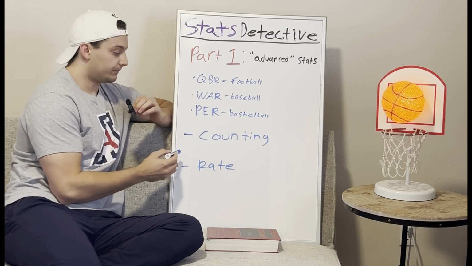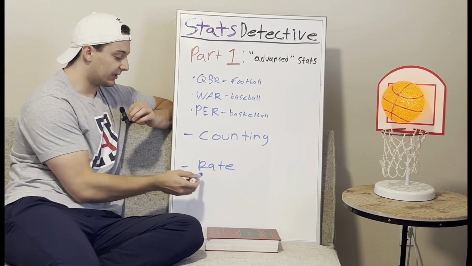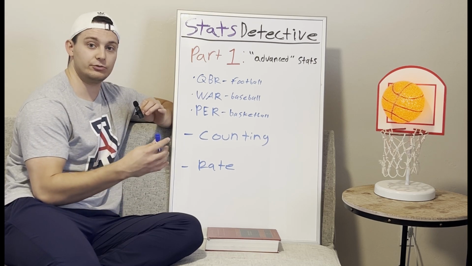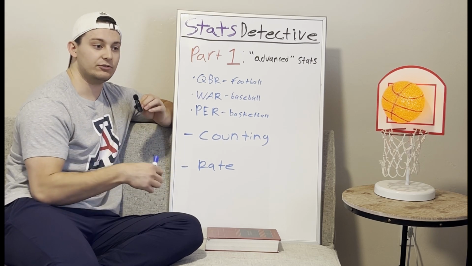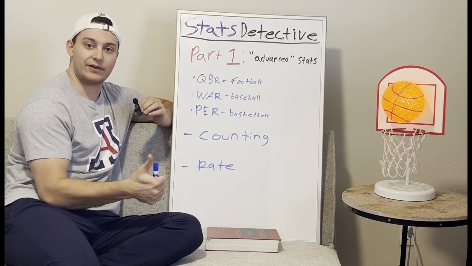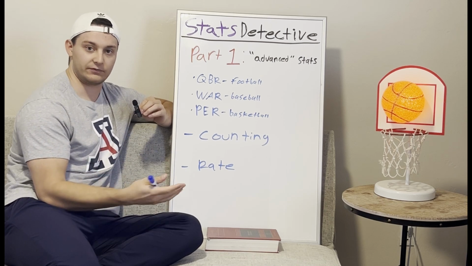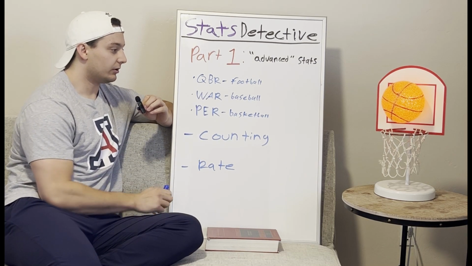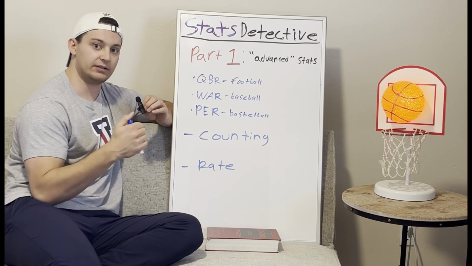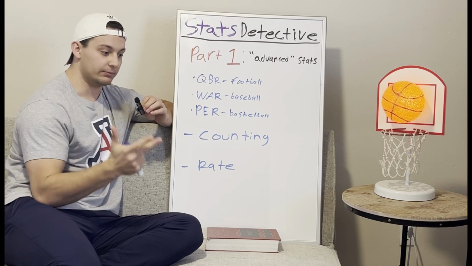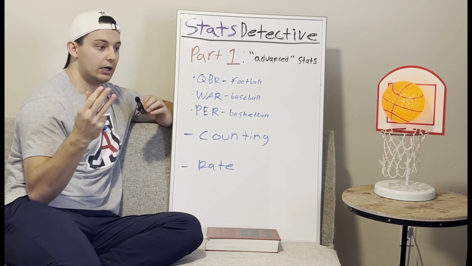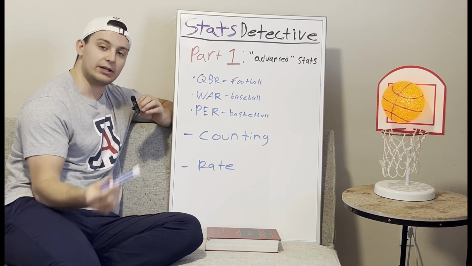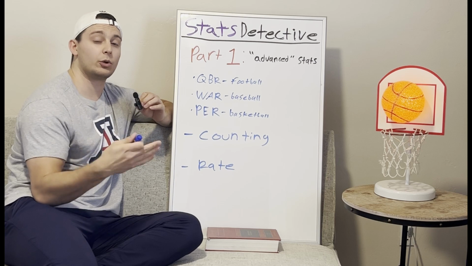These types of stats take your simple counting stats or your rate stats, and they try to combine a bunch of them to give you some number that gives you a better indication of player value, player performance, that sort of thing. So, for instance, we'll get into it a little bit later, but QBR takes interceptions, touchdowns, completion percentage, completions, incompletions, sacks, all of these factors into account when evaluating a quarterback's performance.